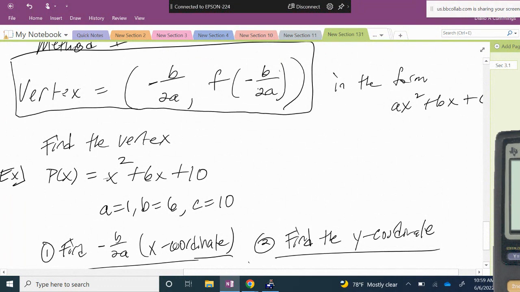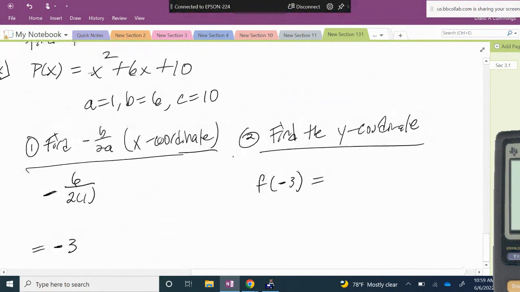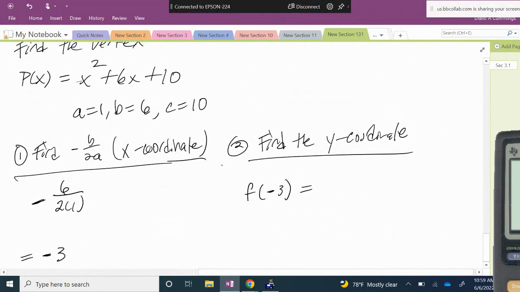We already found negative b over 2a as negative 3, so I want to find f of negative 3. I go back to my function, x squared plus 6x plus 10, and wherever I see an x, I substitute negative 3.